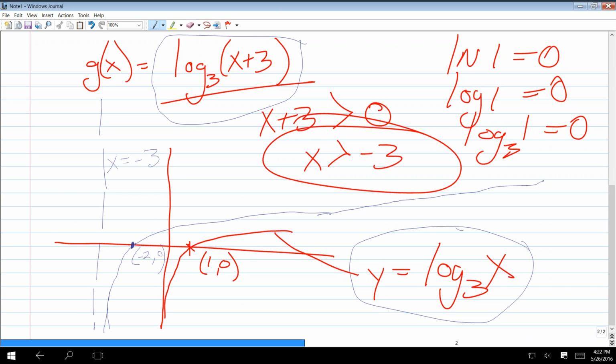If I wanted to graph that on a graphing calculator, is there a way to do that? Depends on which graphing calculator you have. I have the TI-84. You can certainly graph the log of x plus 3 or the natural log of x plus 3.